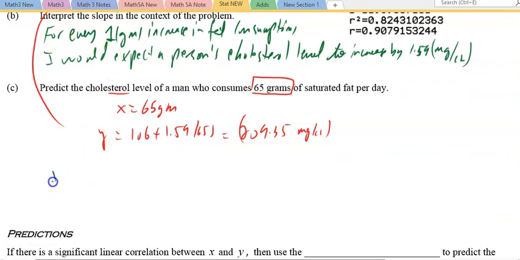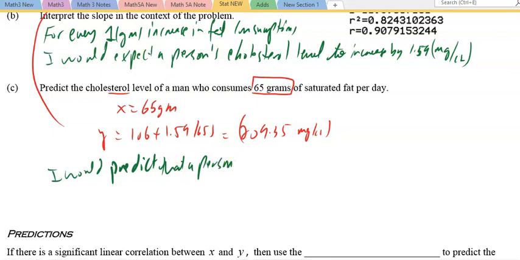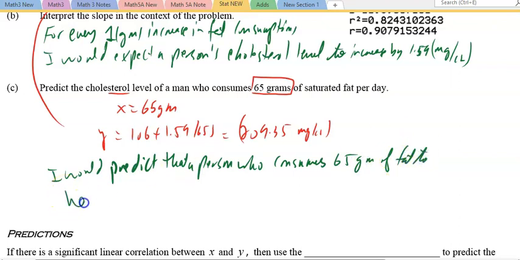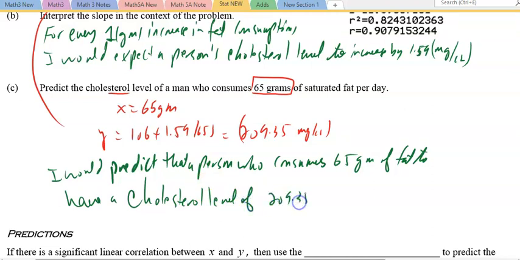I would predict that a person who consumes 65 grams of fat to have a cholesterol level of 209.35 milligrams per centiliter.